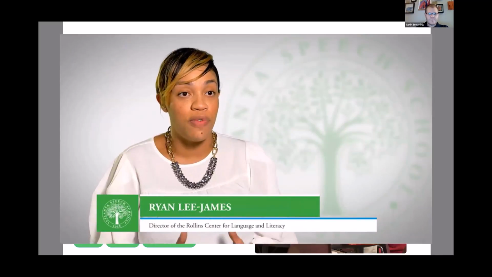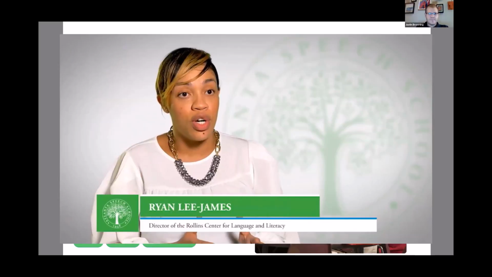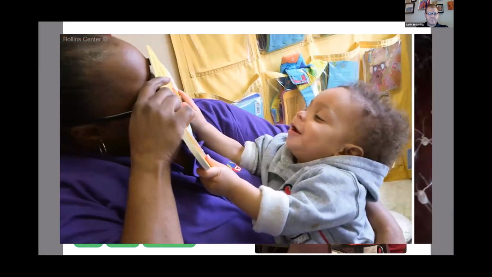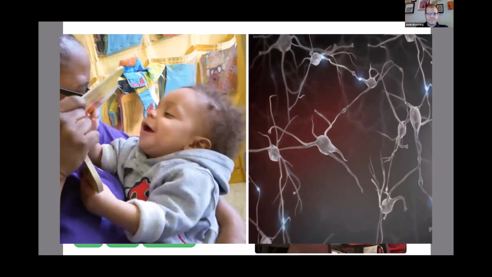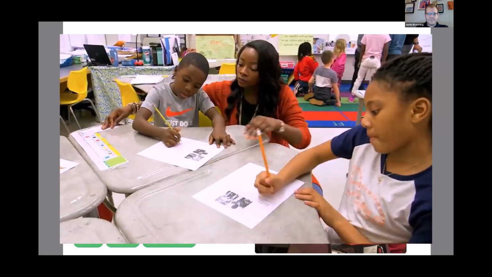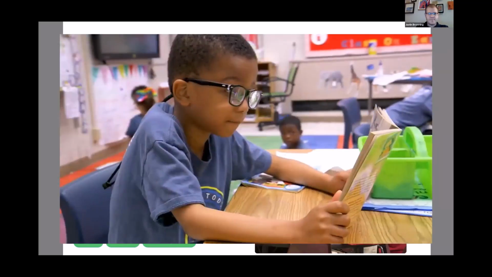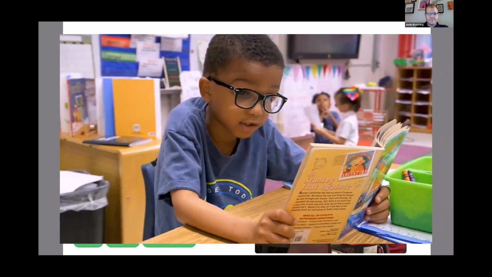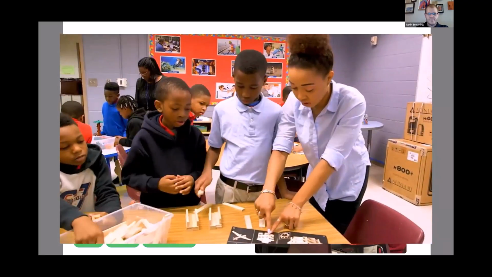Really, the goal of the Rollins Center is to reach families, to reach teachers and students who have had generational lack of access to the science, to ensure that they are getting quality language and literacy experiences. And so this comes in a variety of ways. One of the ways that we do this, as you know, is our online vehicle, the Cox Campus.